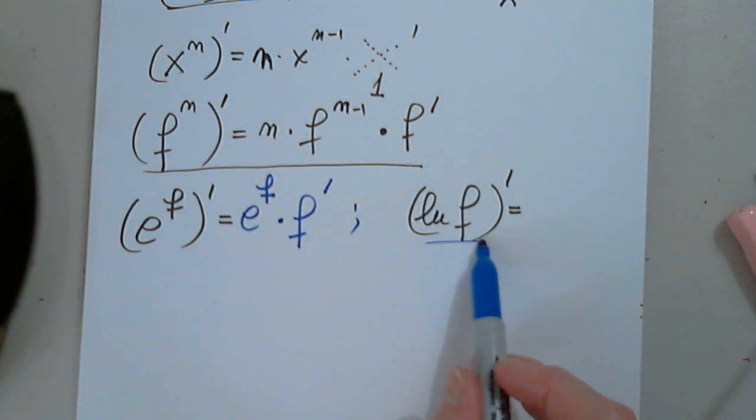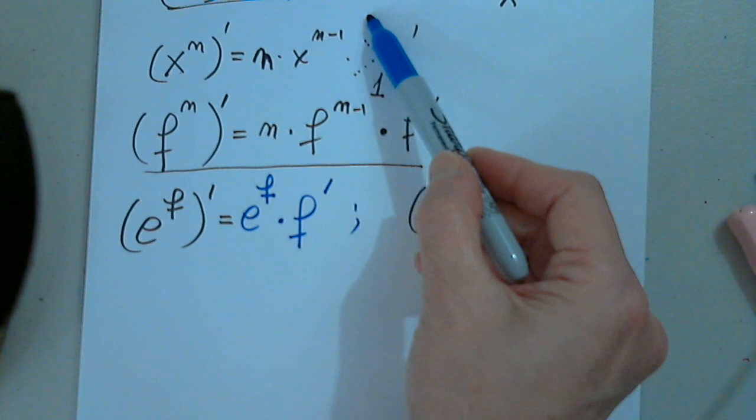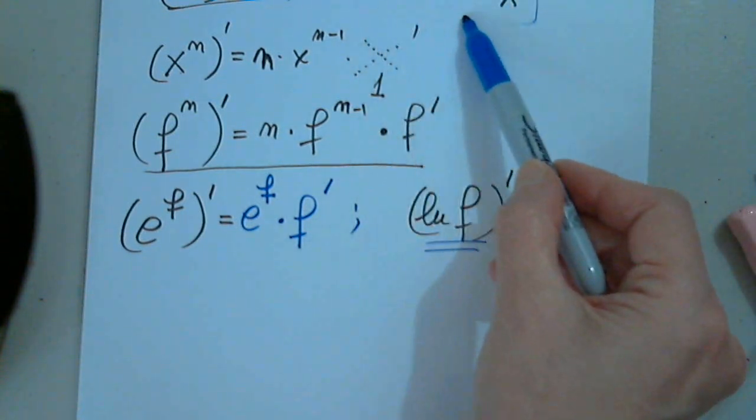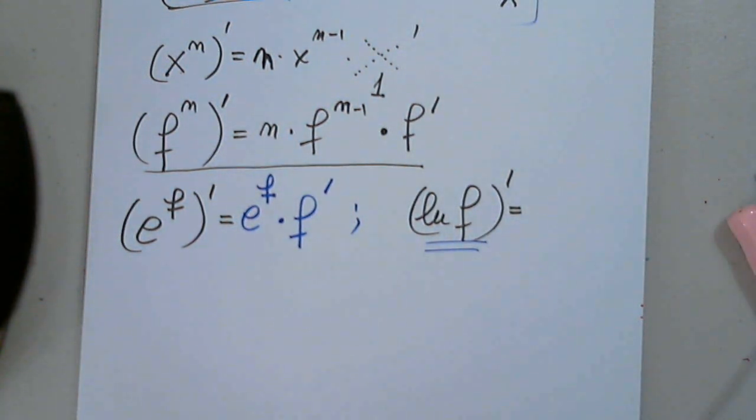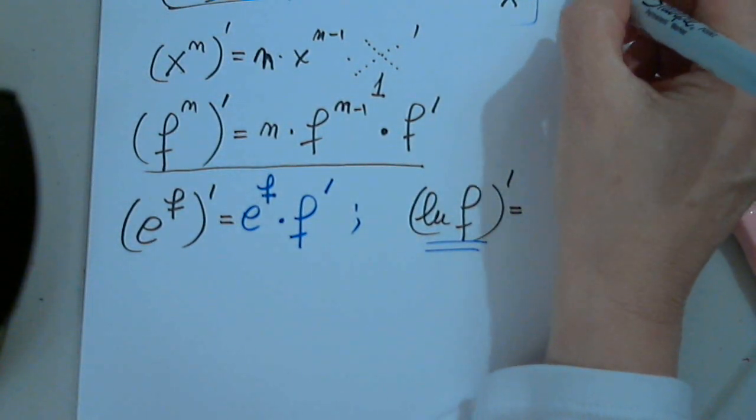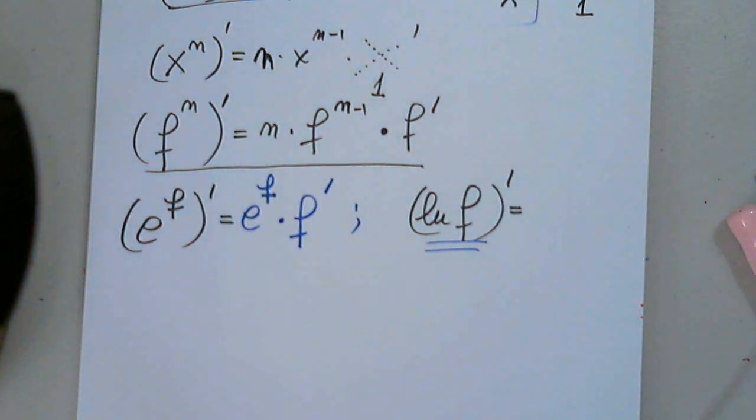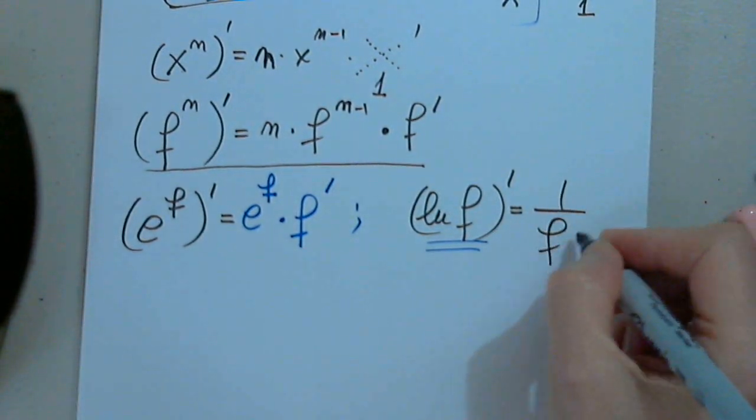Can anyone discover the formula for, this is the pattern, can anyone discover the formula for natural log of a function prime? Based on what we see here. And yes, I should have said times x prime, but I didn't because there is no need. That is 1. 1 over f times f prime. That's it.